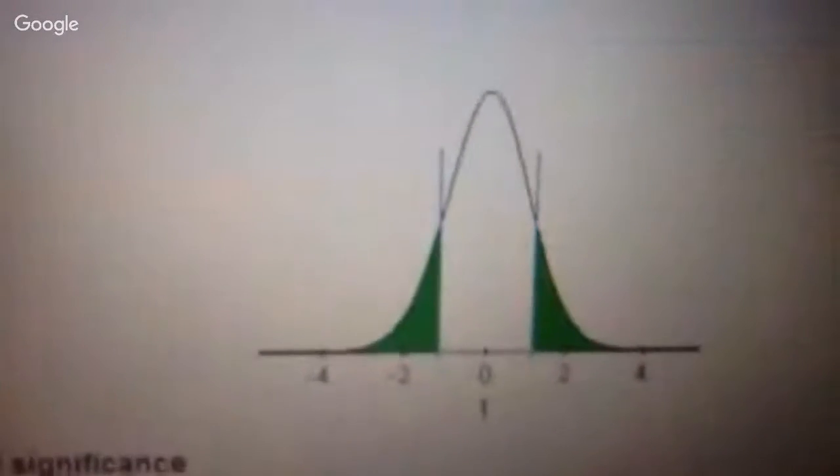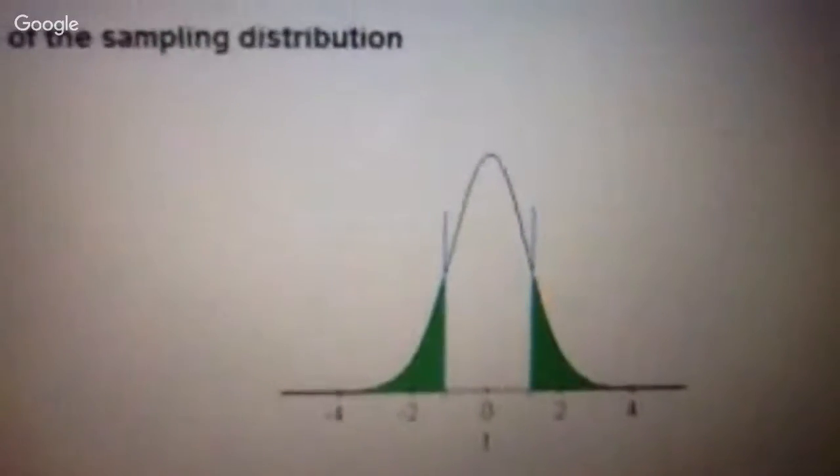Actually, Emily, I'll show you in the book. It says the p-value is shaded in green, and this is what it shows. So I think if we just shade on both sides, then we're good.